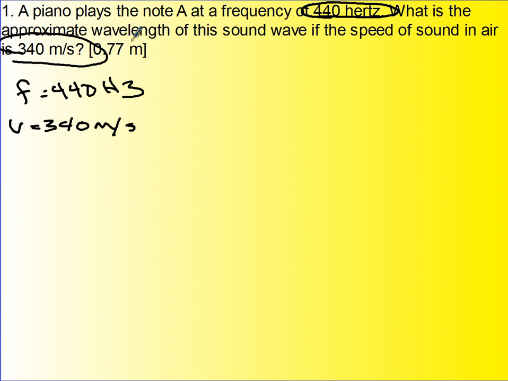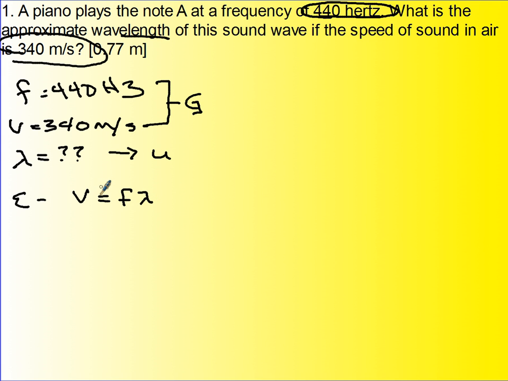And what is the wavelength? So we're looking for wavelength. So here are my givens, my unknown. The equation is V is F lambda. Now remember, an equation has to have an equal sign, and you have to be using symbols. Don't write it out.